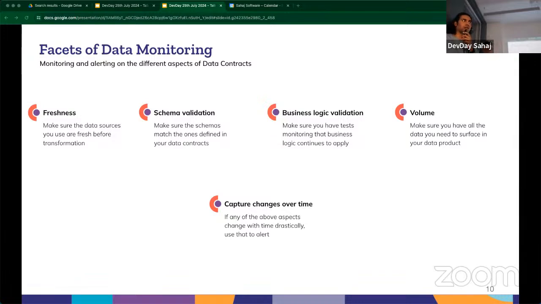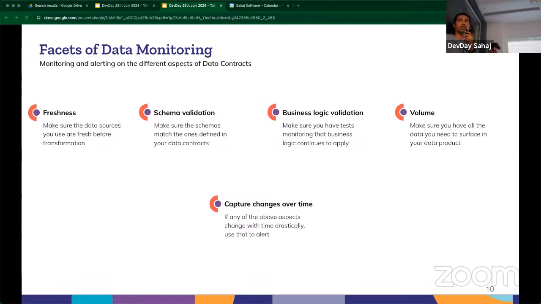If it's not fresh, then you may choose to not even run your pipeline because it's just going to be running on the same set of data that was used yesterday. So you might as well wait and talk to the people who've supplied you with that source to understand why the data was not updated before you run your pipeline.